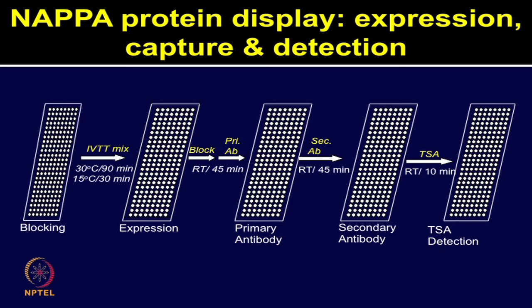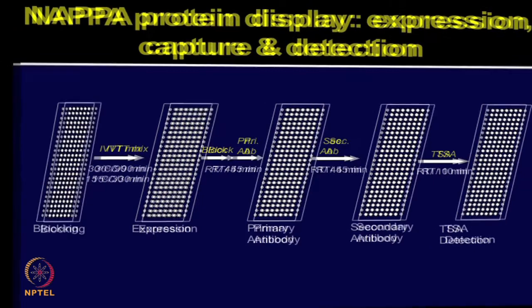So, the proteins are expressed and then you want to detect the signal. So, you can add the primary antibody, in this case anti-GST antibody, followed by the secondary antibody containing either Cy3 or Cy5 labels, or one could also use a horseradish peroxidase based tyramide signal amplification system, TSA based system.